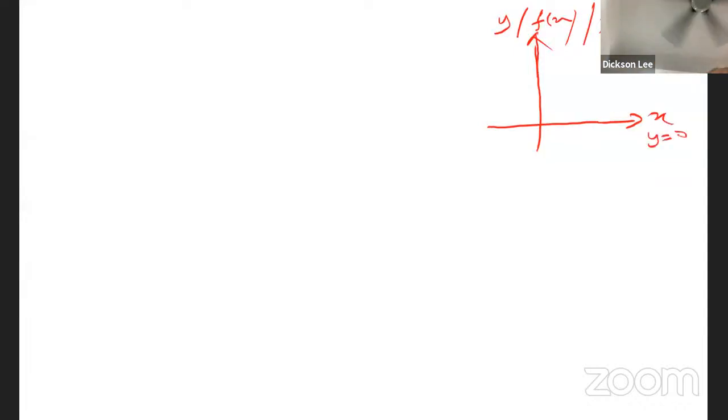So I always tell the students that you have to always remember, you either put y or sometimes you put f(x). Now this one means x equals 0. Paksi y, x adalah kosong. Paksi x, y adalah kosong. Okay? Faham? Kebalik.